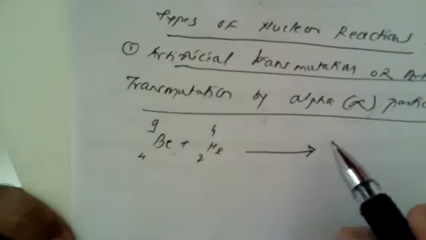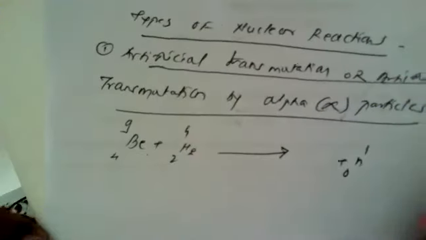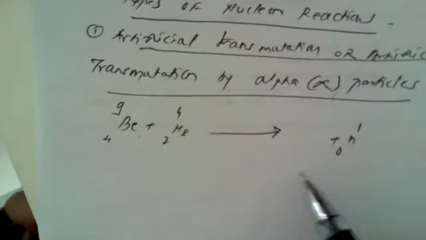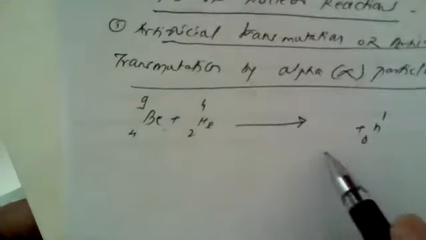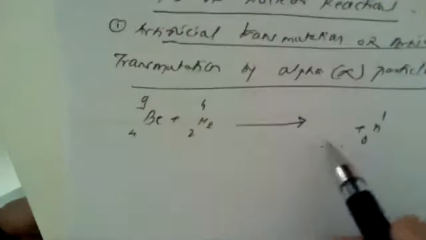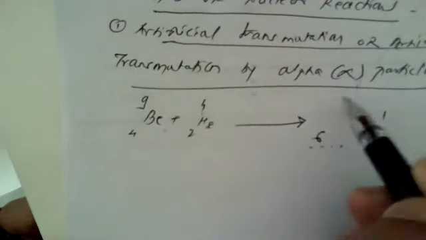During this reaction, if one neutron is ejected, the reaction is very simple. If we know the number of neutrons ejected, how can we arrive at the product nucleus? 4 plus 2 is 6. 9 plus 4 is 13, minus 1 is 12.